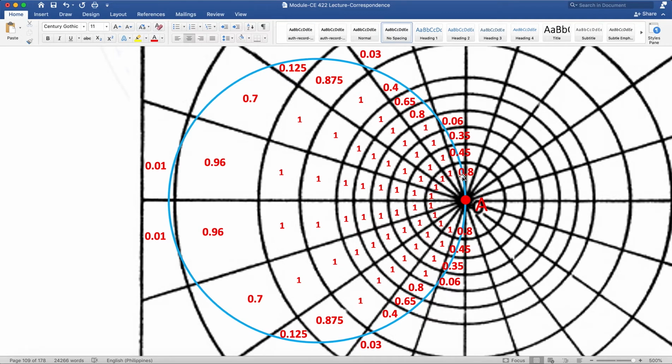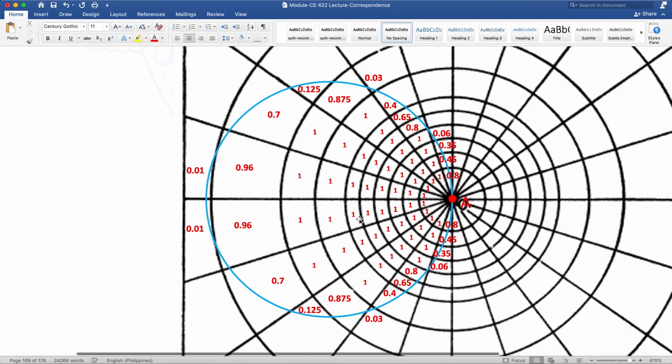Like for this example, we have 0.8, 0.46, 0.36, 0.6. 0.125, 0.7, 0.96. Here we have 0.01, 0.96. So we are to estimate them.